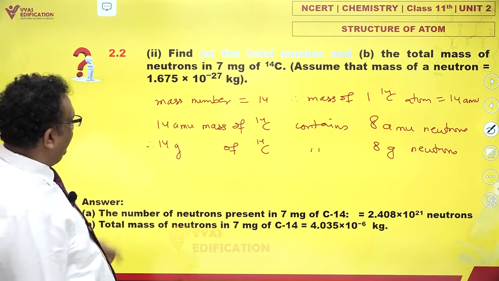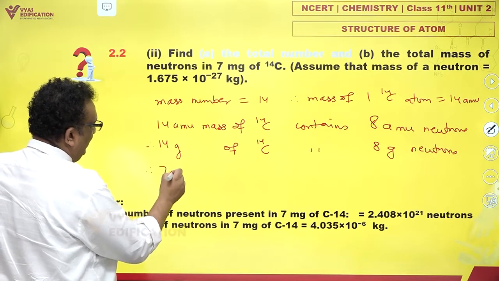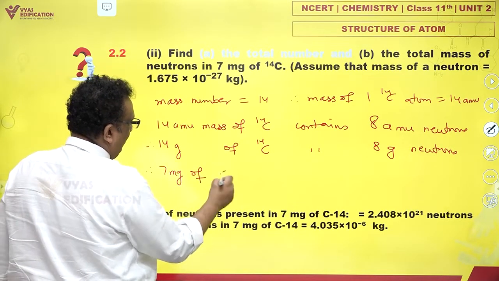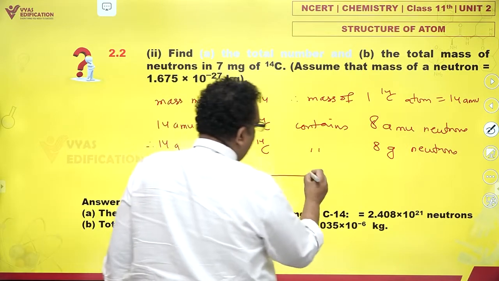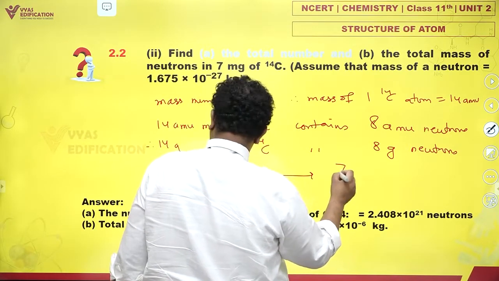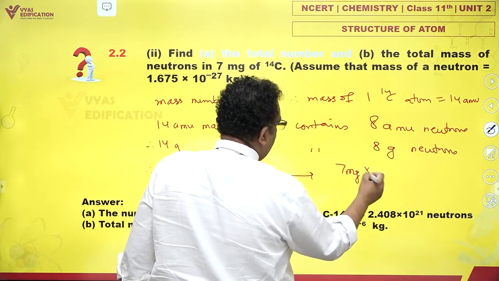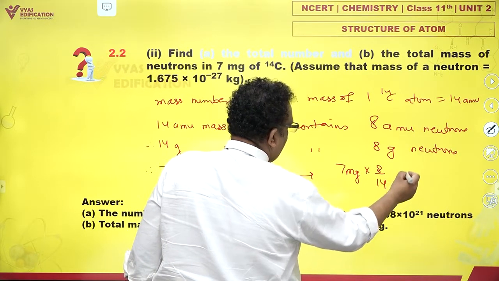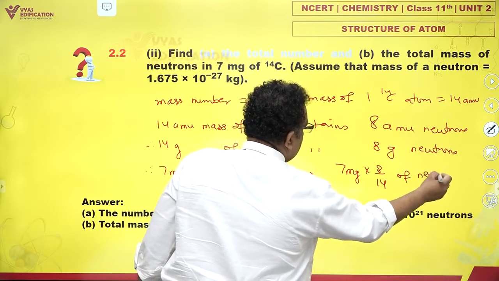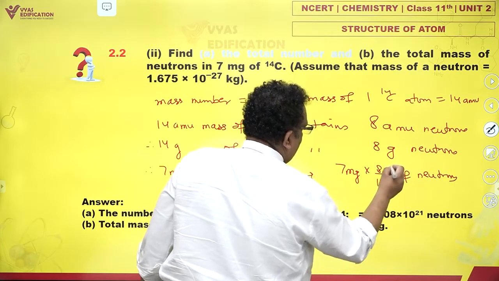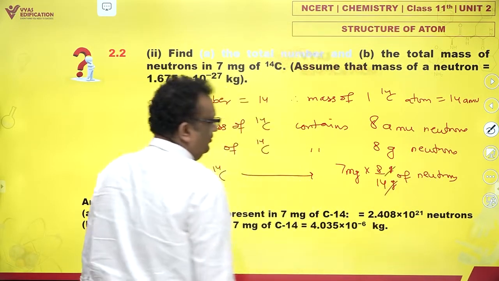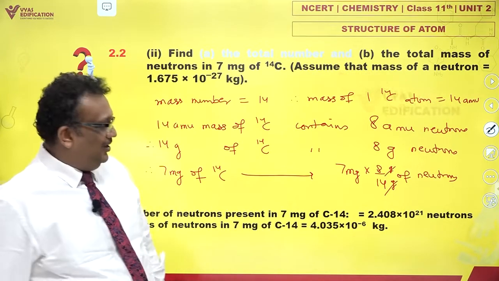That means that if I have 7 milligrams of C14, it contains 7 milligrams into 8 upon 14 of neutrons. If you take grams, grams will cancel off. That's it, yeah.